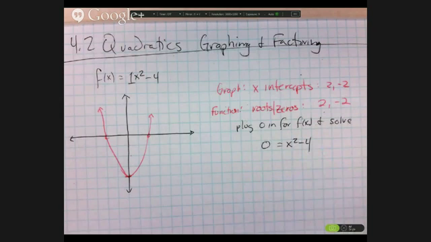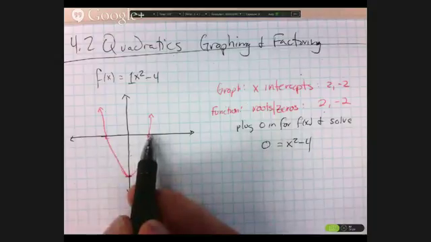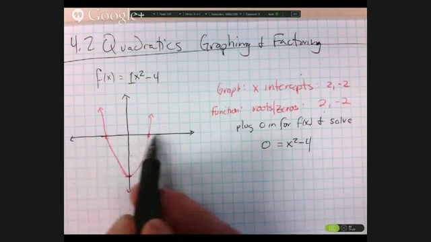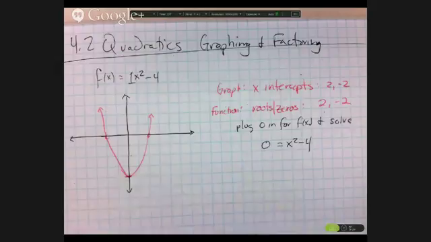You have to plug 0 in for f of x and solve, because the y value at these two is what? What's the y value right there? 0. So we're plugging 0 in, solving for the x values. This is defined as 0, right? Right.